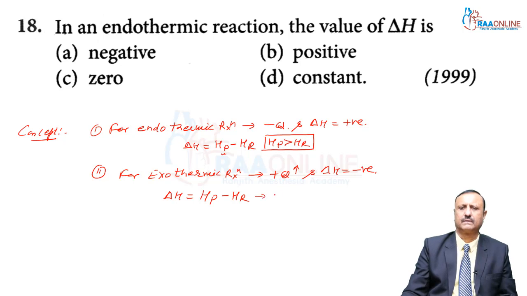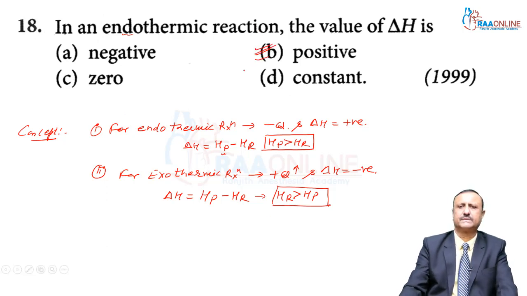So, when HR is greater than HP, enthalpy of the reactant is greater than enthalpy of the product, then you can get delta H is equal to negative. My dear students, these two conditions are here. So, in these two conditions, for an endothermic reaction your answer is B, positive. We can apply these concepts and you get the answer, that is positive.